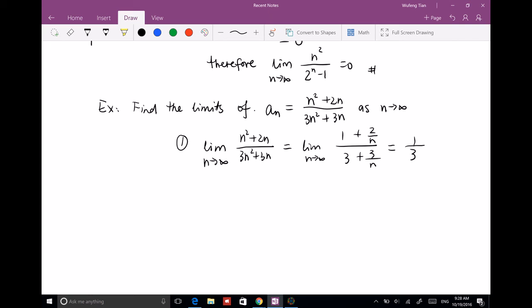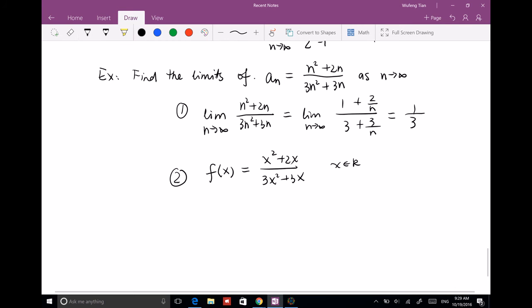But now that we have learned L'Hopital's rule, you can also do it another way. Given the function f(x) equals x squared plus 2x over 3x squared plus 3x, x is real, so you can find the limit as x goes to infinity of f(x).